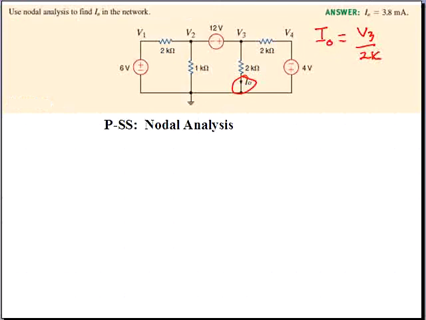We have 5 nodes in this circuit, and there are 3 voltage sources in the circuit. So this implies that we really only have to solve for one unknown node voltage.